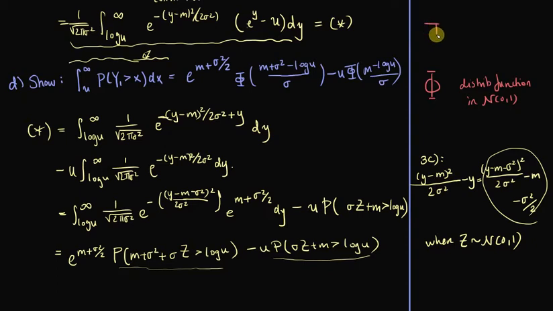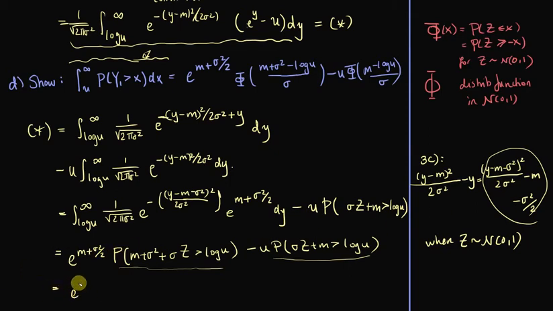And also phi of x is what we call the probability that z is smaller than or equal to x, or the probability that z is greater than or equal to minus x for standard normal z. So let us try and see if we can figure out how that fits in with what we have down here.